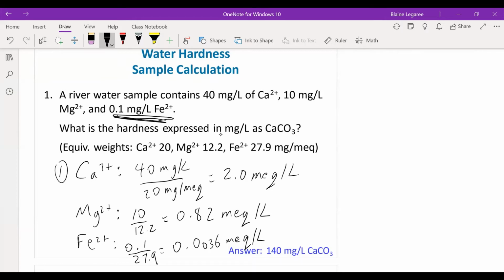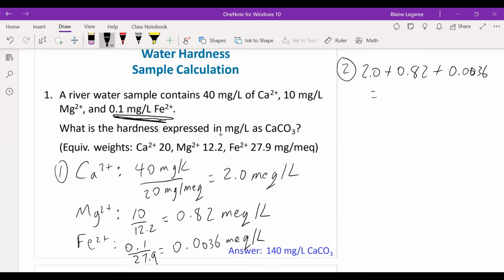Number two is we add up all the hardness. That means we have 2 plus 0.82 plus 0.0036. We can add all that up and get a number.